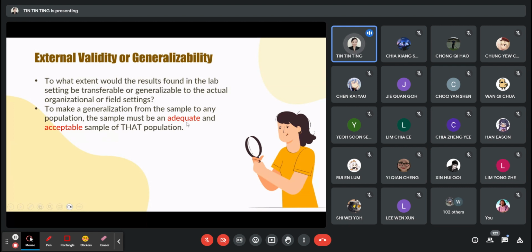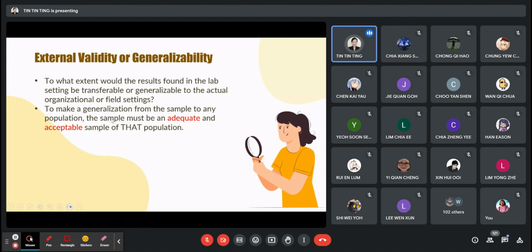Adequate in the sense that, let's say the population of Malaysian university students is 500,000, but your sample size is only 100 people. Can 100 people represent a 500,000 population?